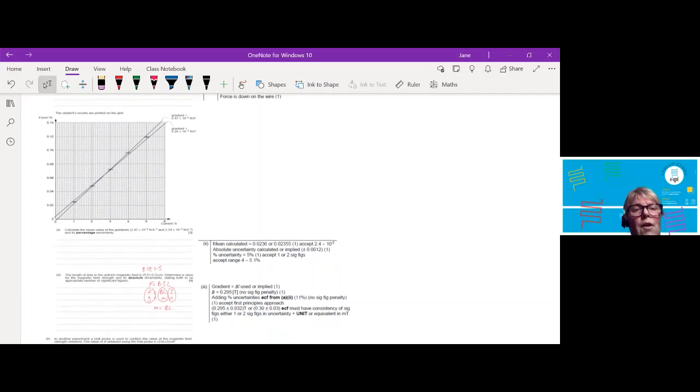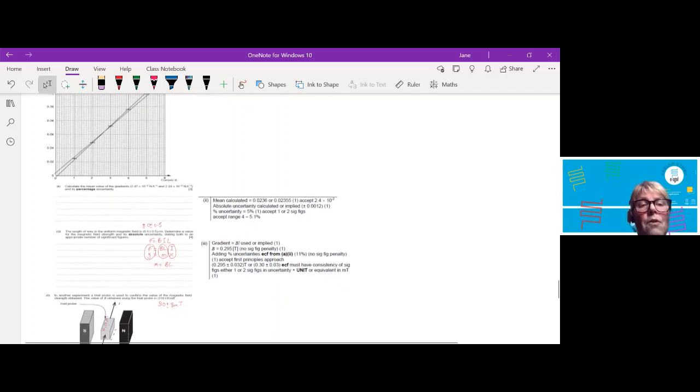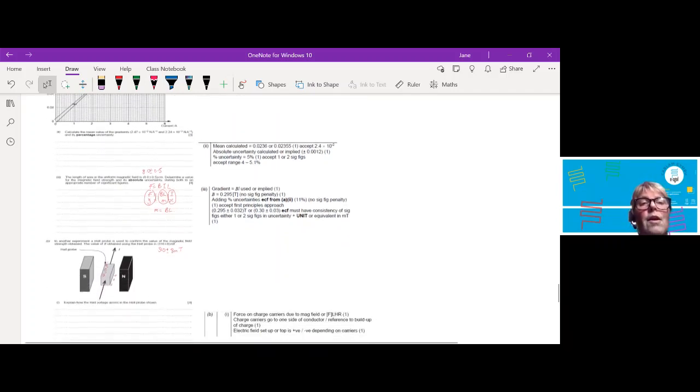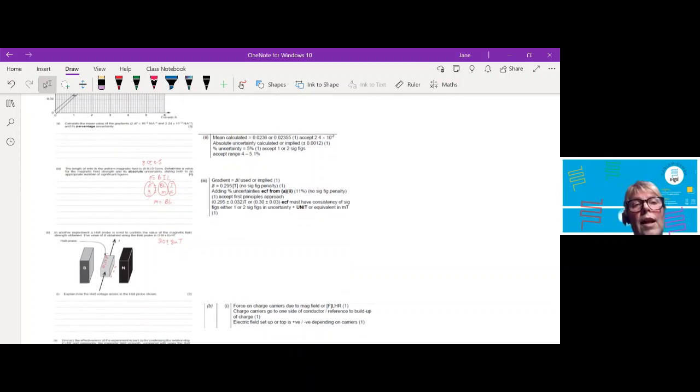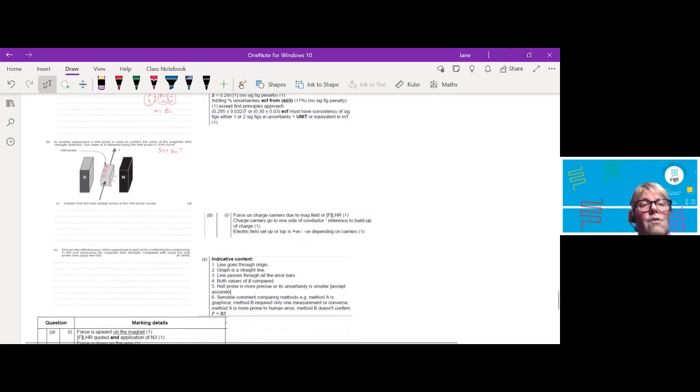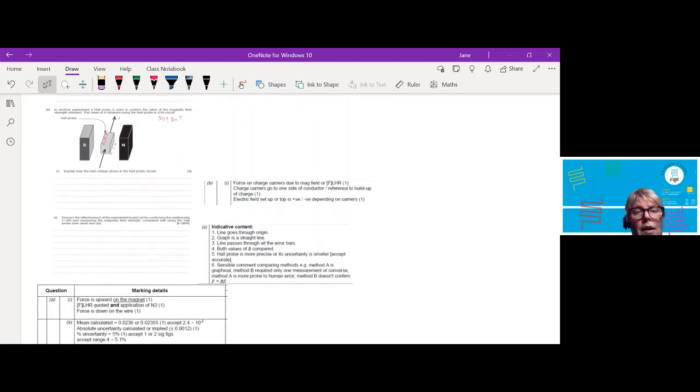Again, force against current here. Again, error bar analysis. And even though you're expected to do that for your practical in your data analysis, don't park it, because it comes up in your theory papers, this kind of expectation to relate the graphs or equations to y equals mx or y equals mx plus c, and relate it to the findings.